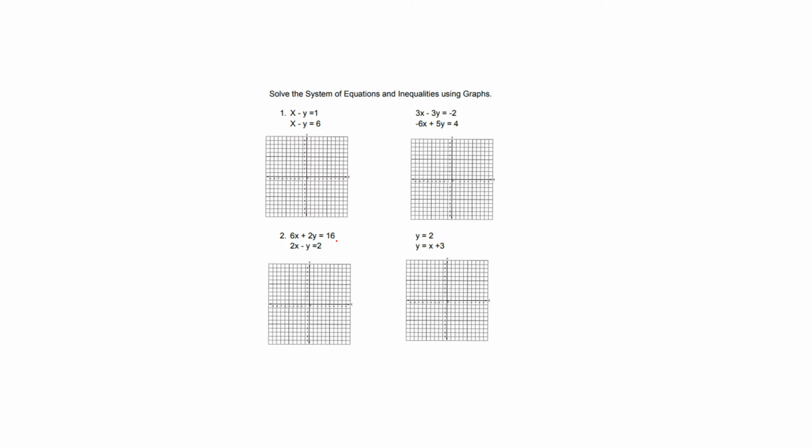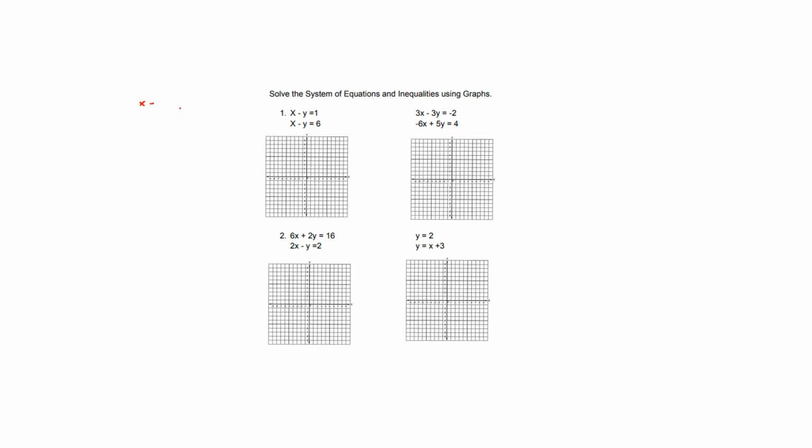Okay, so the next part, you just solve the system of equations by graphing. And for this first part here, for number 1, just make it easy on yourself, right? So just try isolating the y, making it into slope-intercept form.